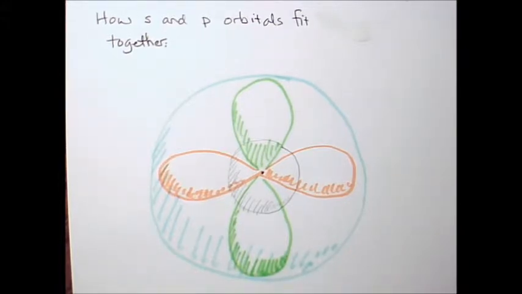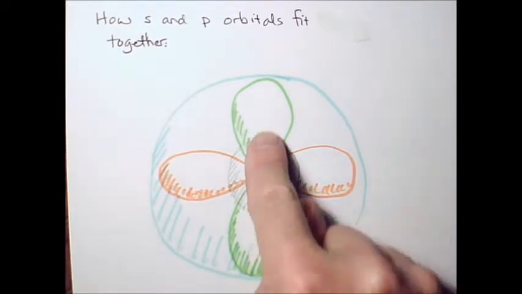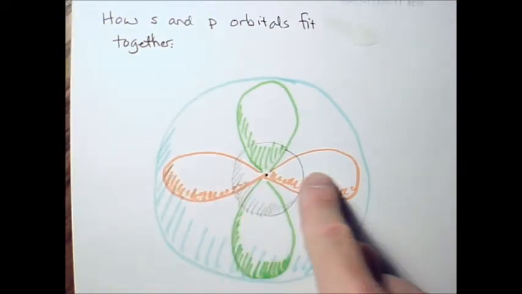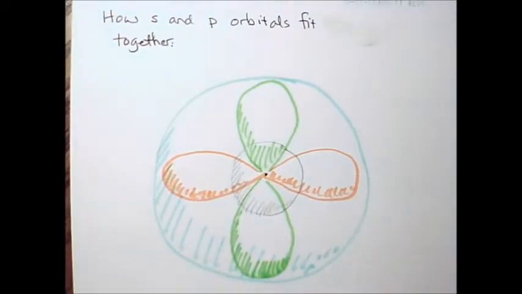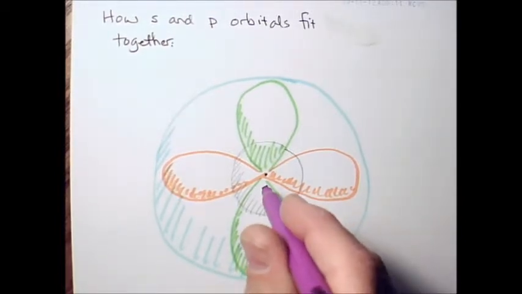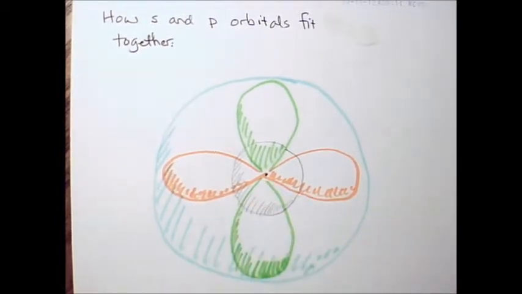Kind of running out of colors here. And so the last p orbital, so this is like on the y-axis, and this is like the x-axis. We labeled those yesterday, x and y, remember that? Okay. And so z has to come out toward you and away from you.